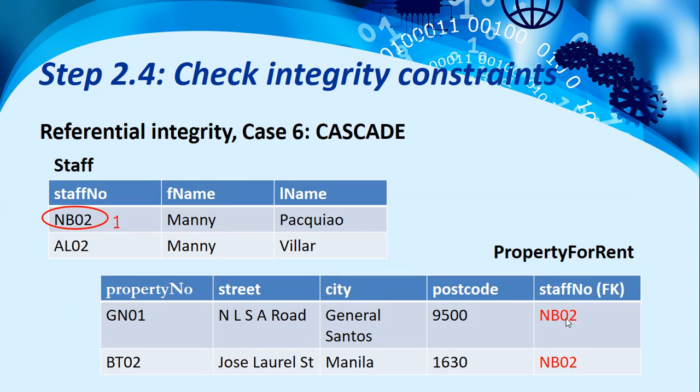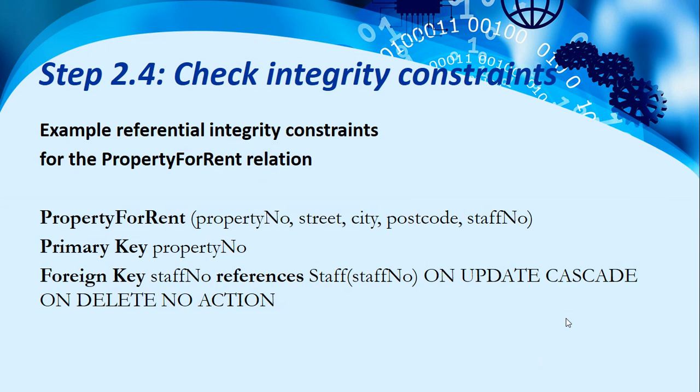So, here's an example of a referential integrity constraint for the property for rent relation. Our original relation, we added the referential integrity statements. This underlined part is what is called referential integrity.